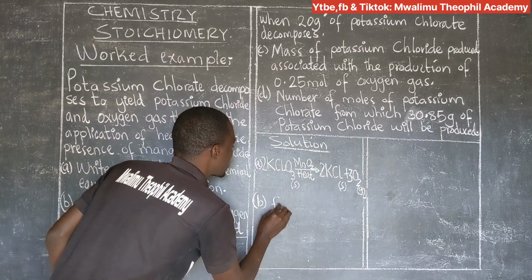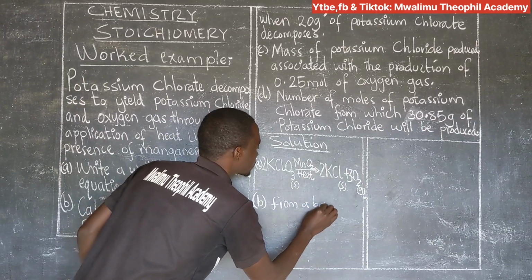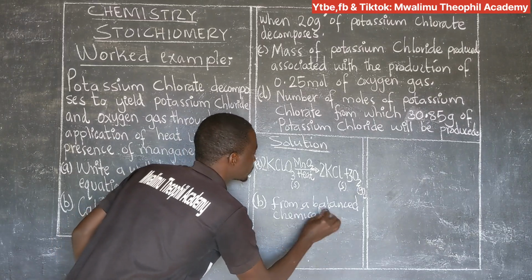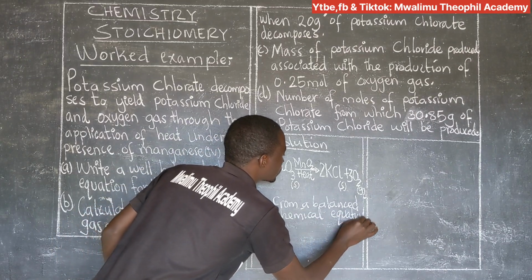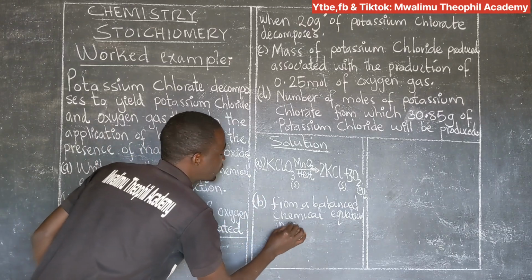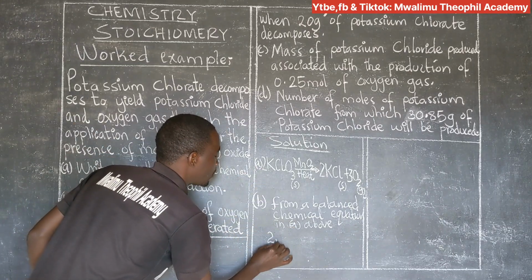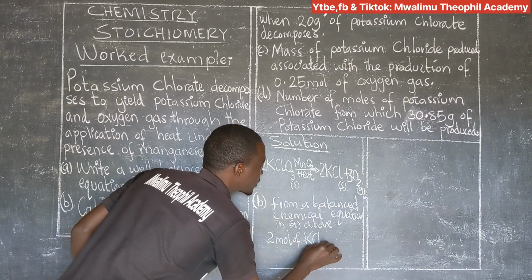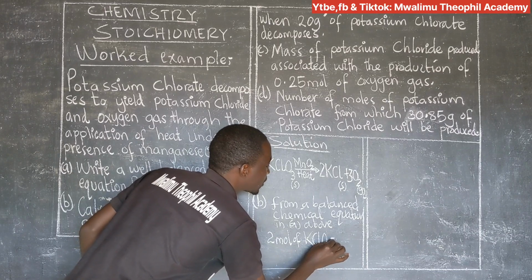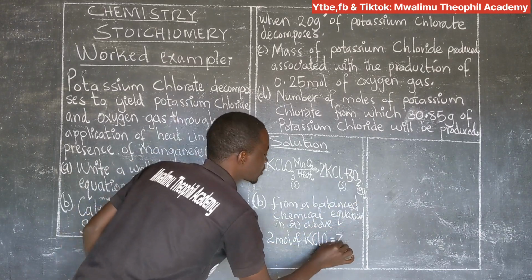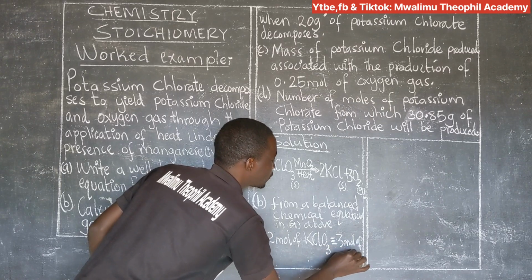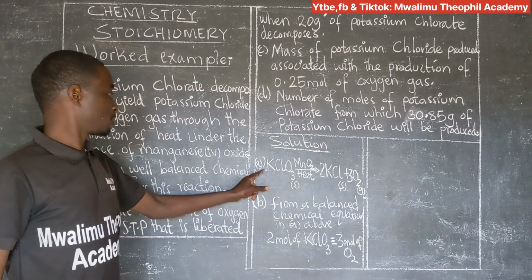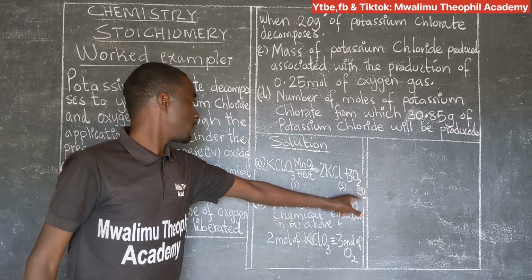We may say that from the balanced chemical equation in A above, we find that 2 moles of potassium chlorate are equivalent to 3 moles of oxygen gas.